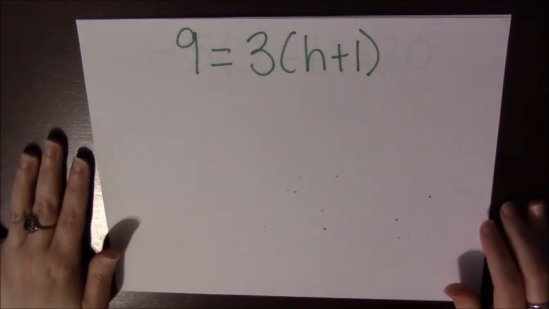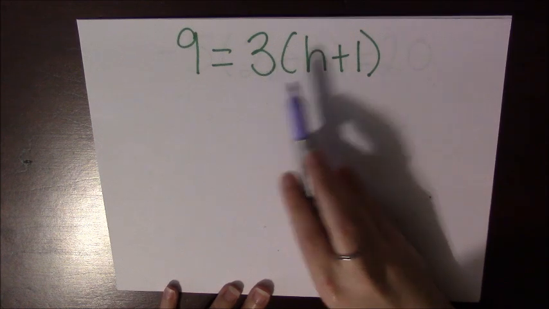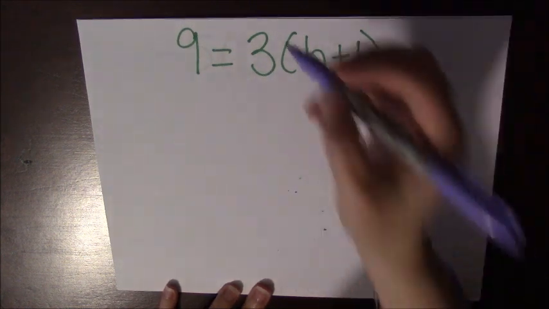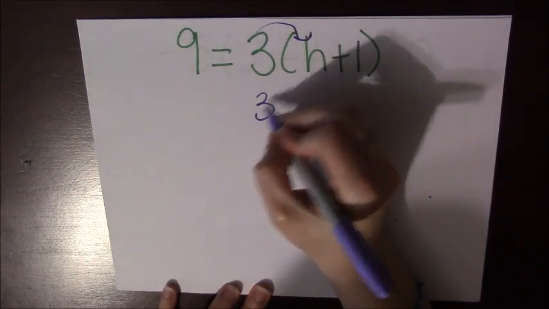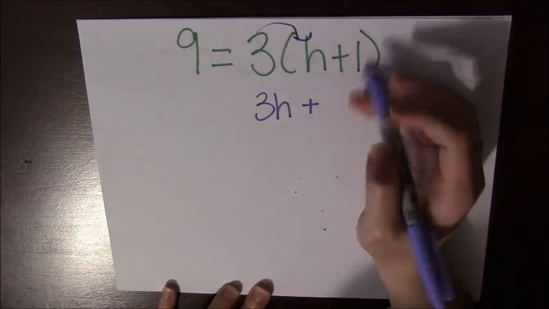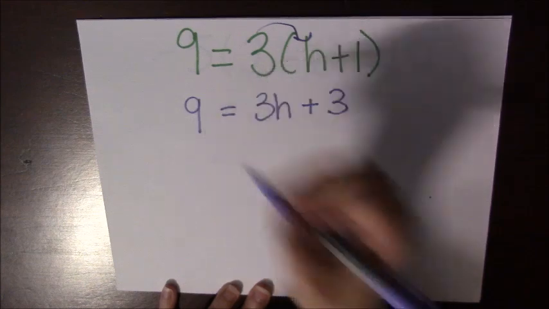Okay, the next problem again, it has distributive properties. So we're going to have to distribute the 3 to what's inside my parentheses, the h and the positive 1. So 3 times h is 3h plus, bring down the positive sign, 3 times 1 is 3, and bring down your 9.